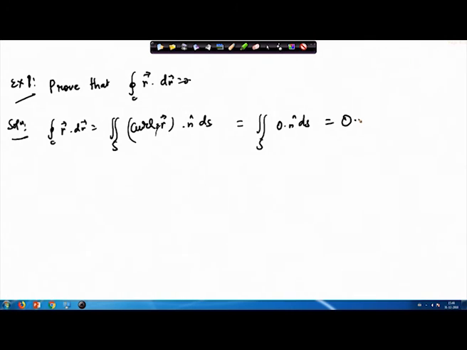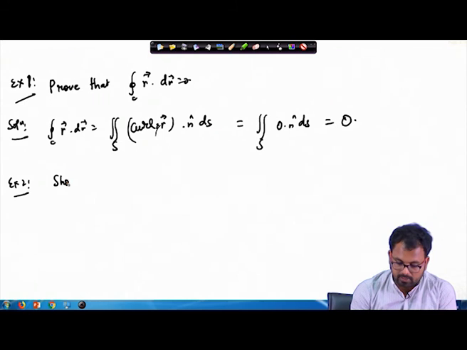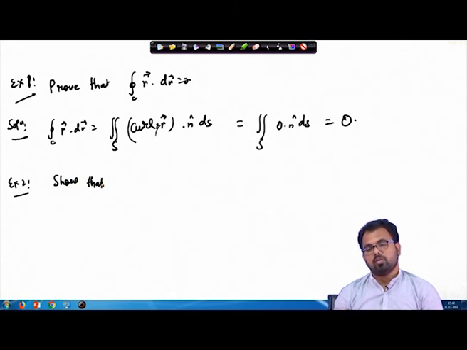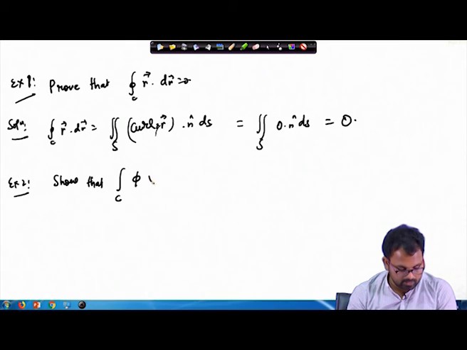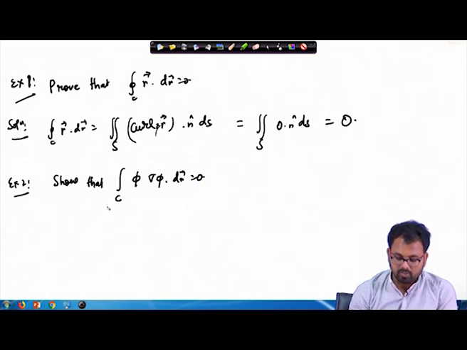Next, we can show a similar type of result. There are several show-that type of problems which you can also solve with the help of Stokes theorem. Show that the line integral over the curve C of phi gradient of phi dot dr equals 0.